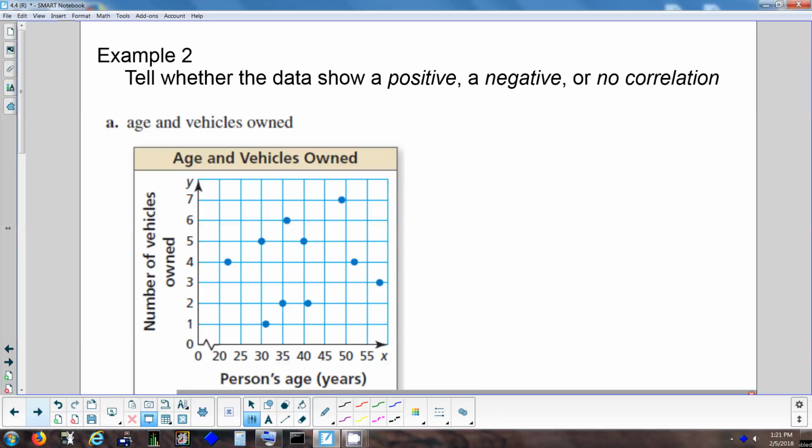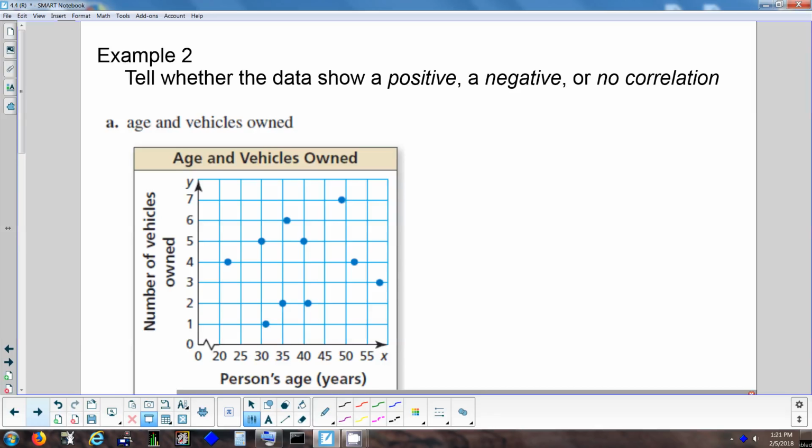But when you look at a set of data, you can't go in with an assumption just because it makes sense to you, or maybe you think it should be true. Don't let that bias the problem. Looking at the data, does it look like there's a correlation? No. I would have thought there would have been. If you asked me, I would have said, yeah, as you get older, maybe you've bought more cars. But here's somebody who's 55, they've only owned 3 cars in their life.